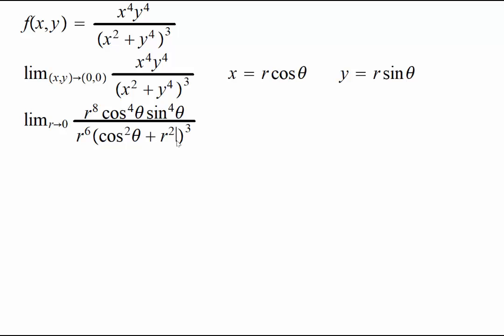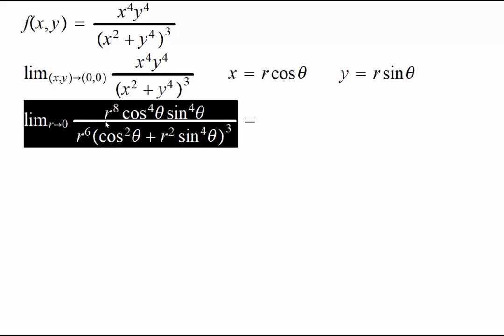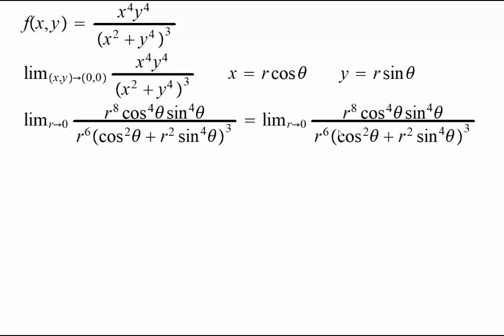Okay, so now when we do the cancellations, r to the 8 divided by r to the 6 will simply become r square times all that. So now we will be in good shape provided we can size this thing, right?